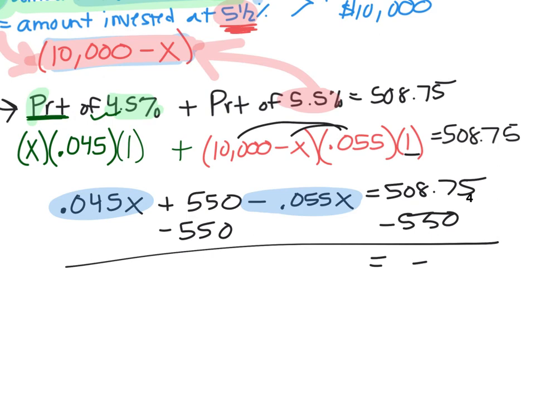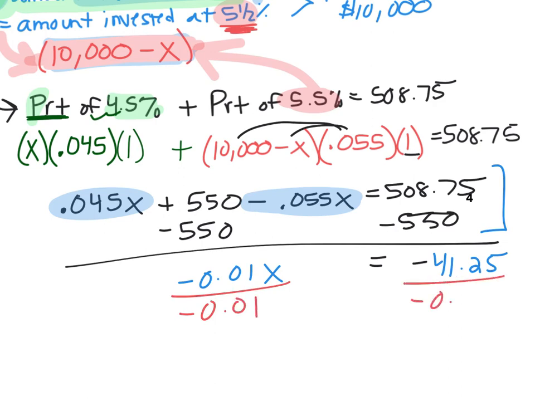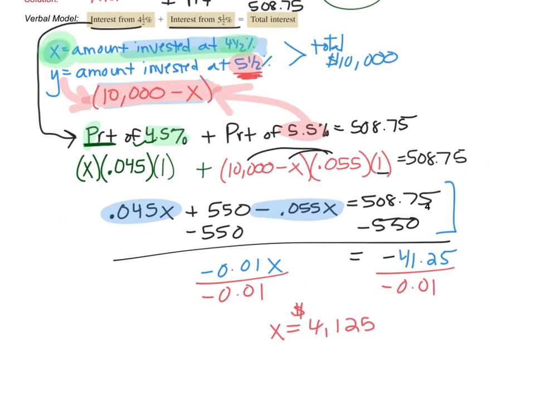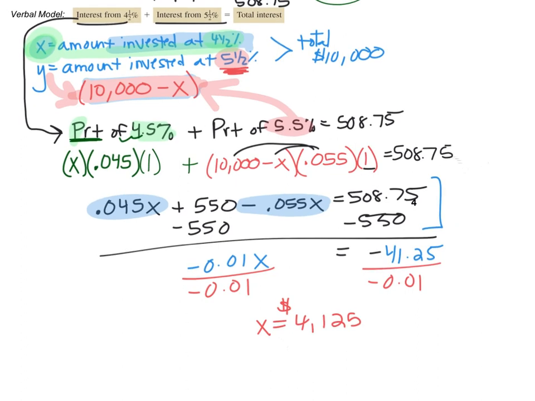So if we combine our x values, we get negative 0.01x. And if we combine over on the right side here, we get negative 41.25. And then if we divide to finish solving by negative 0.01, our x value gives us $4,125. So remember, our x value was the amount invested at 4.5%.